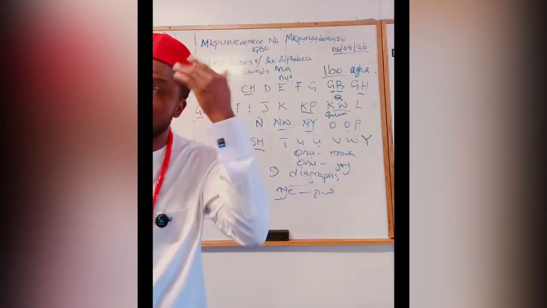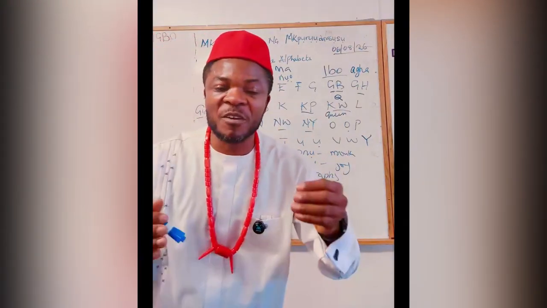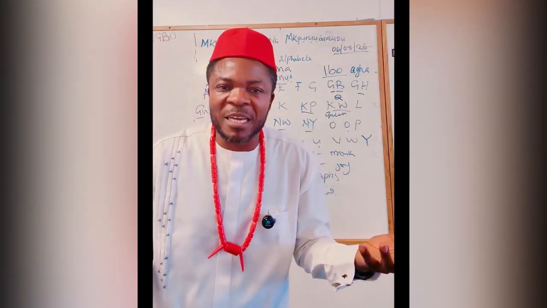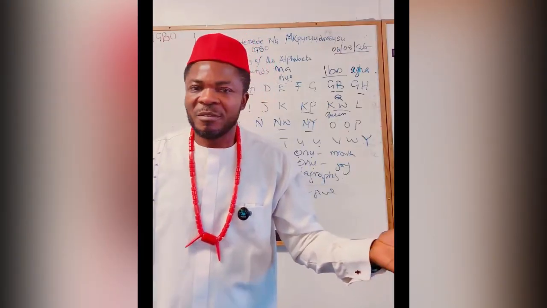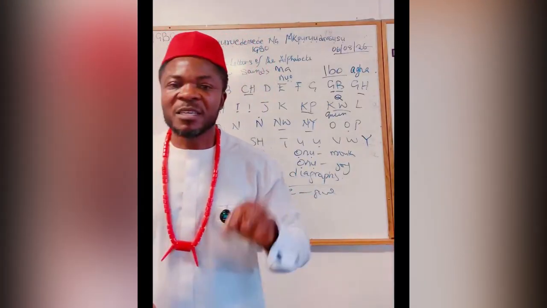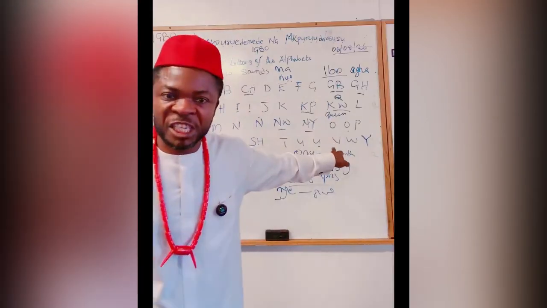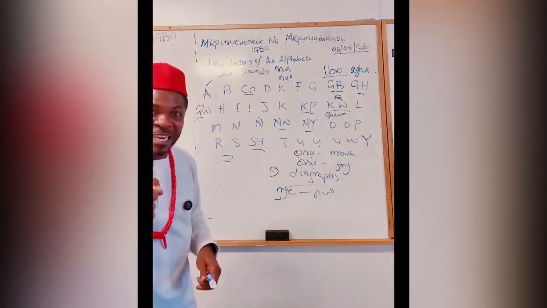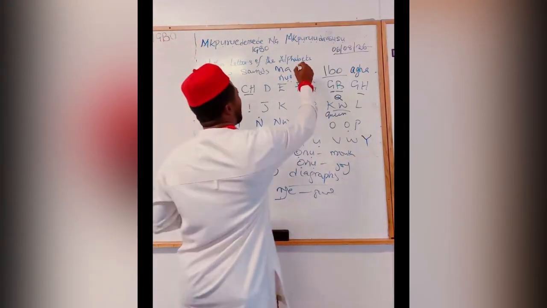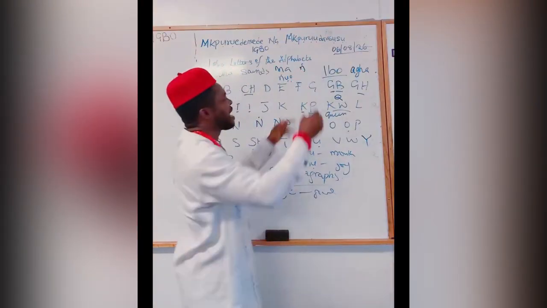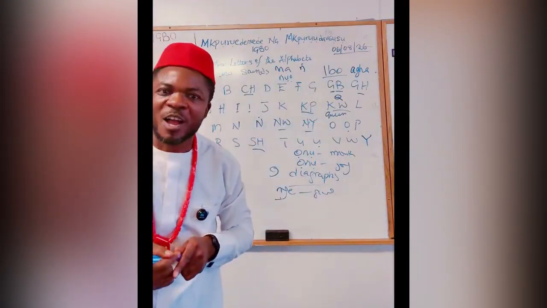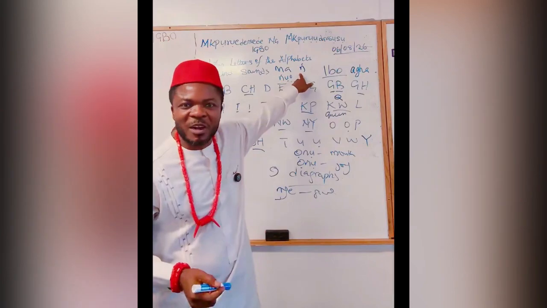I believe in the Spanish language, we have a word like montaño, right? It is similar to our Igbo nye. And funnily, Spanish writes montaño with an N that has something up. In Igbo, this is nge.